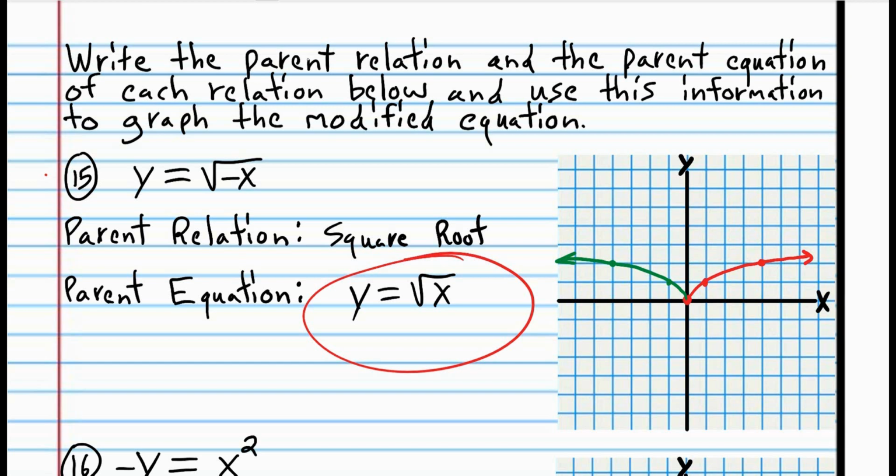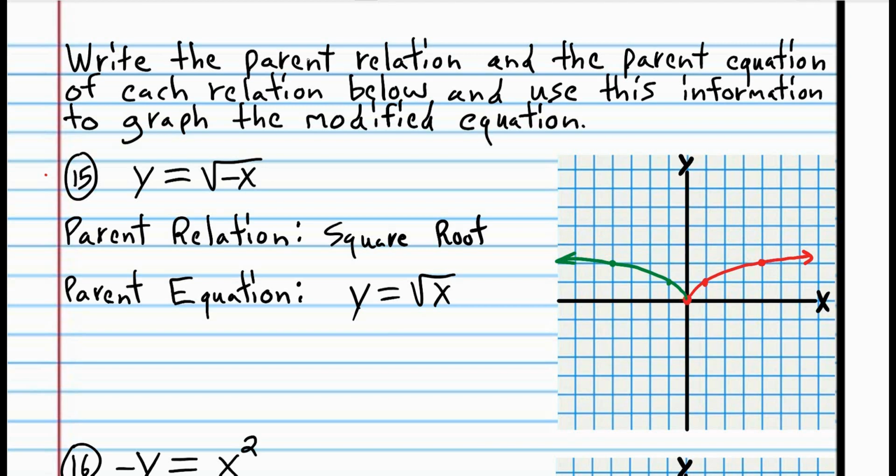Now, the whole idea of a reflection can kind of be confusing. So another way to think about it is what you're doing is taking a reference point, for example, (4, 2), and you're asking, what is the distance from that point to the y-axis? It's 4 units. Then we go across the y-axis the same distance, and guess what? We get our corresponding point. So every point over here has a corresponding point over here that's the same distance across the y-axis.